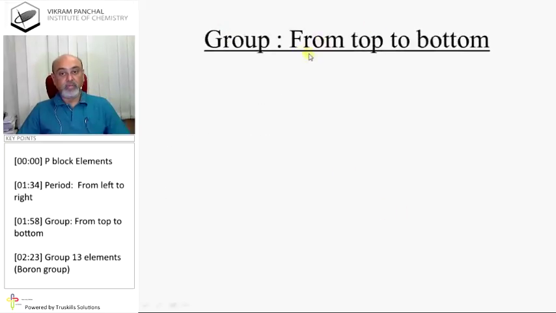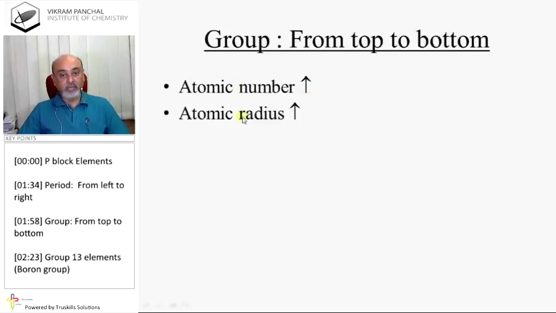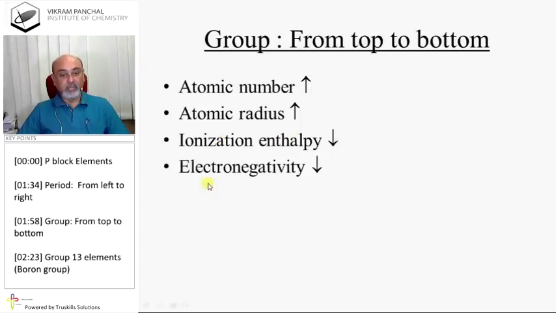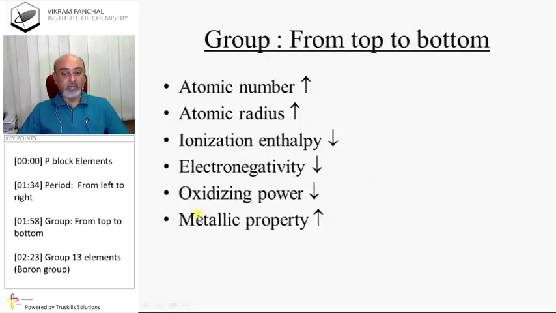In a group, from top to bottom, atomic number increases, atomic radius increases, ionization enthalpy decreases, electronegativity decreases, oxidizing power decreases, metallic property increases.